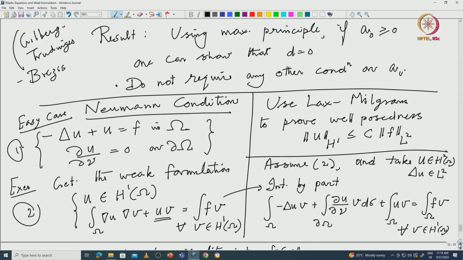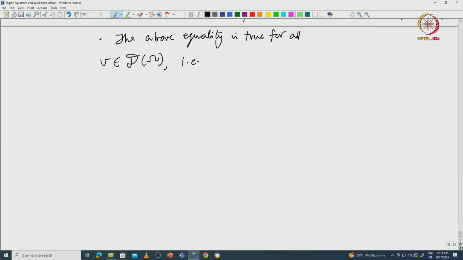So you see, when you take a v in D of omega, this boundary term will disappear. That means you get the integral of minus Laplacian of u plus u minus f times v over omega, only now not for all v in H1 of omega, but for all v in D of omega.